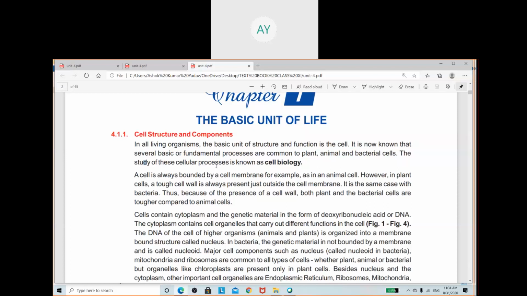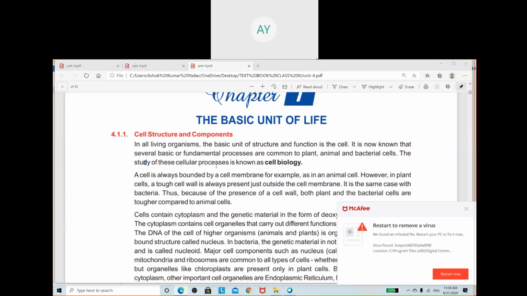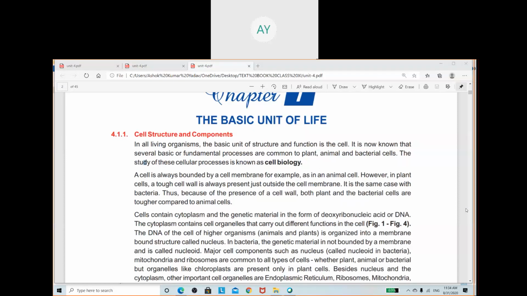What type of structure of the cell is present in your body? That is dealt with inside cytology. In cytology, you study only the structural aspect of the cell, but in cell biology, we study the functional aspect of the cell. That is the major difference between cytology and cell biology.